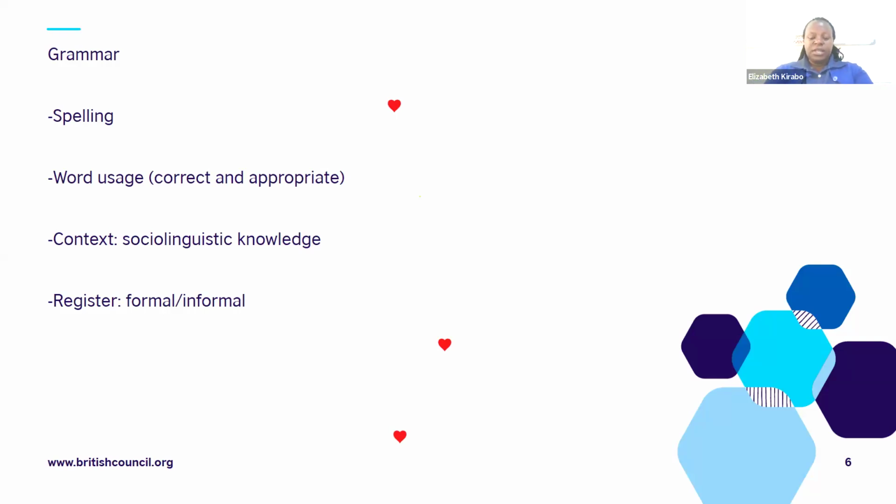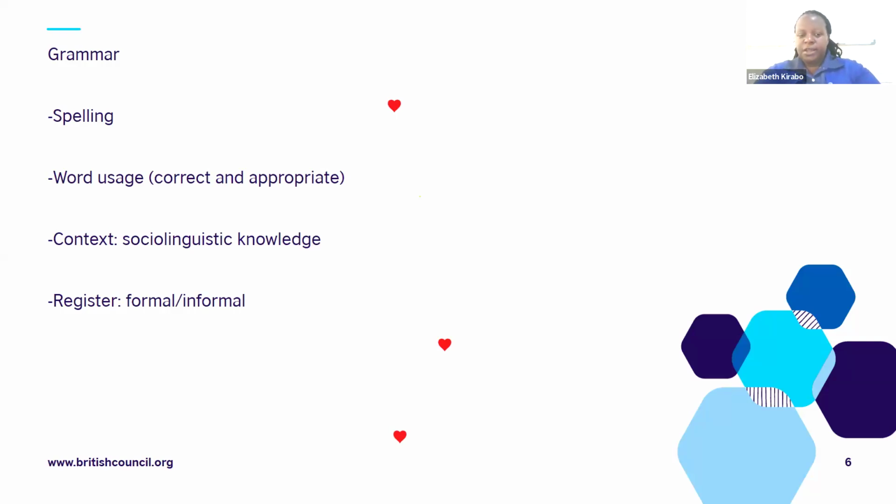Our children, our learners usually kind of mix language that doesn't really sound formal with formal language. For example, if they want to say, I want to go, and then they would say, I wanna go. So they put that in writing as well. I usually tell them to mark a line between formal and informal writing.